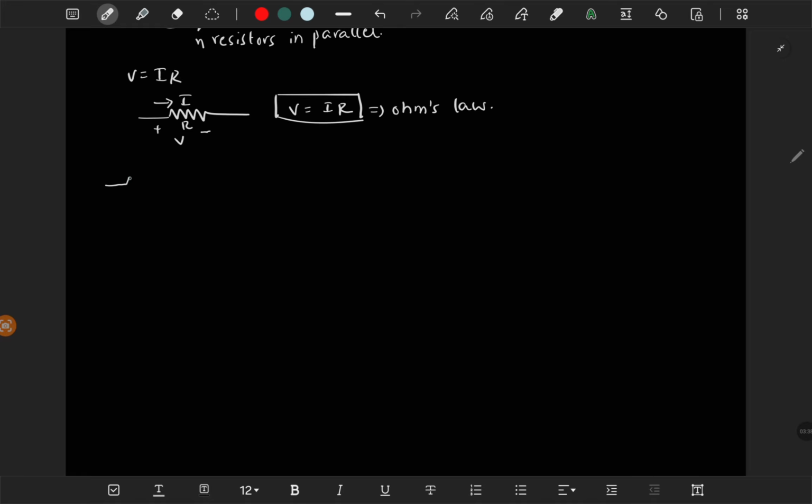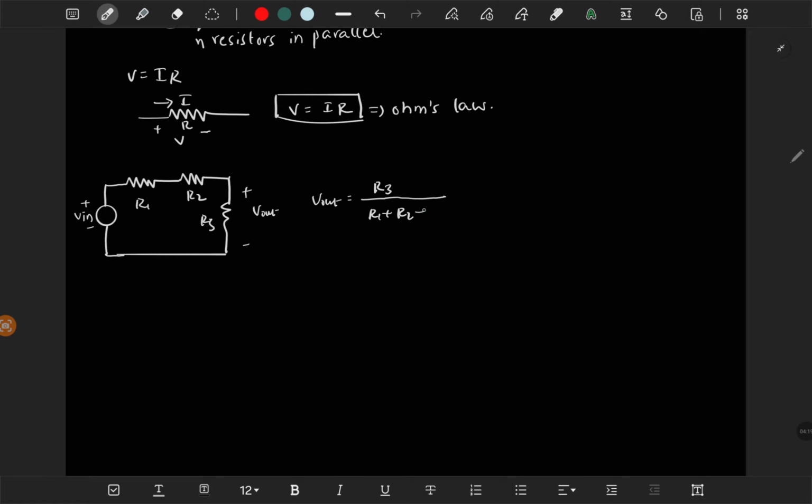It's very simple. If you have three resistors in series and you are applying some input voltage, either DC or AC, it doesn't matter, and you take the output voltage across any resistor, so I am taking it across R3, then the output voltage is equal to the resistance value divided by the total resistance R1 plus R2 plus R3 times the input voltage.